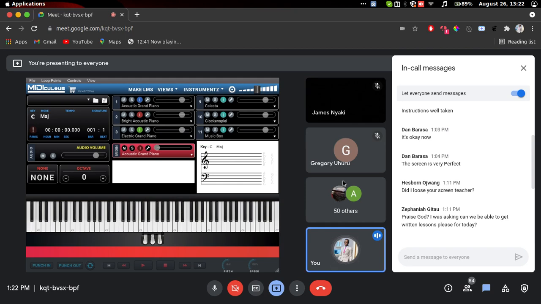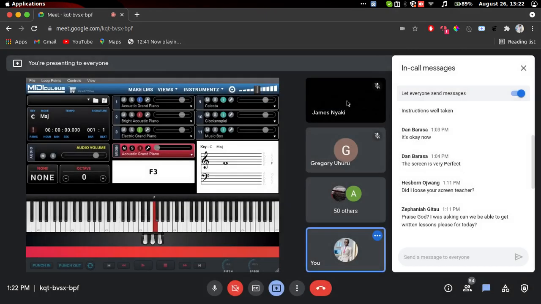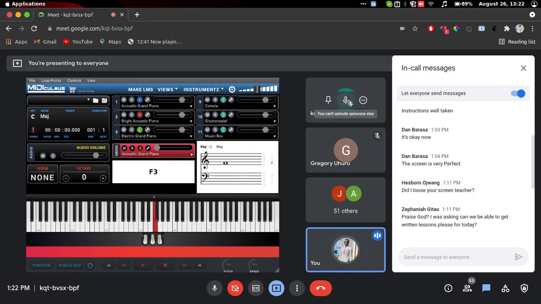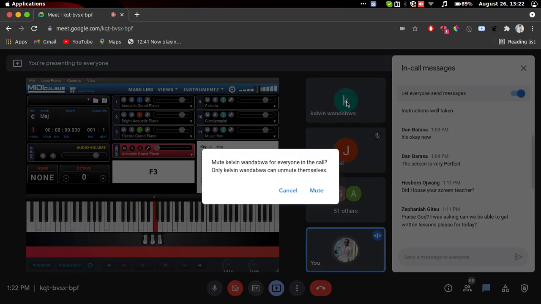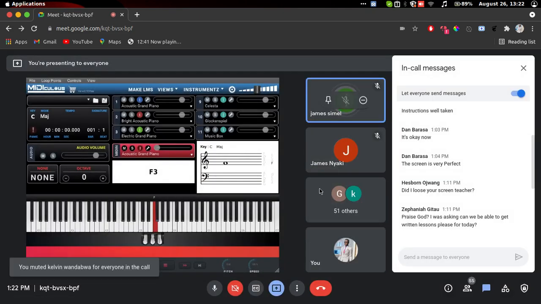What if I was playing F and someone tells me go lower by a semitone, go lower by half a step, which key would I go to? E major.